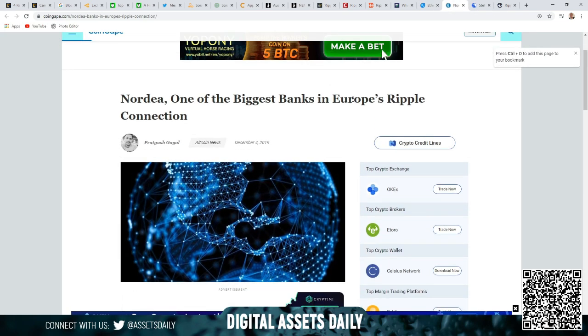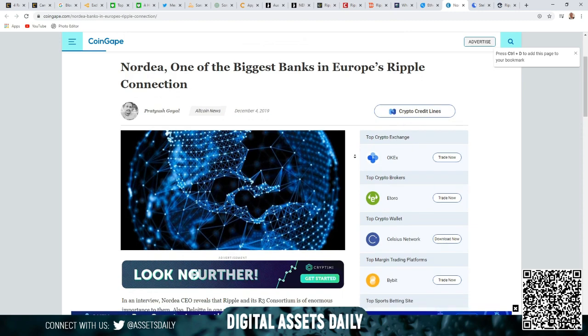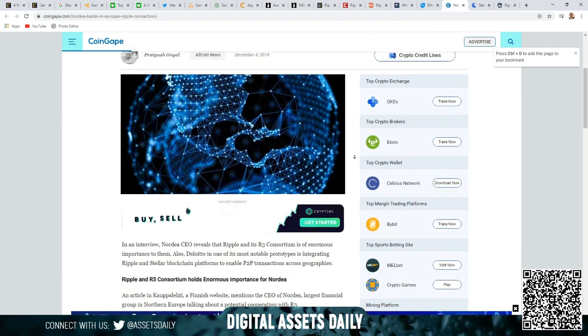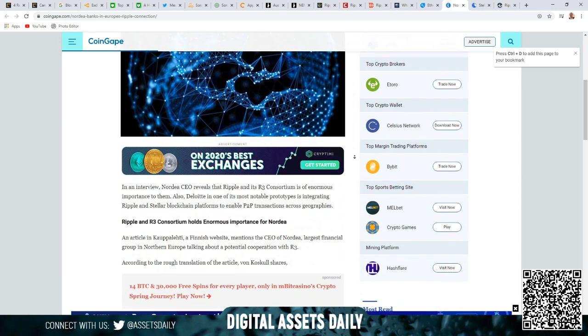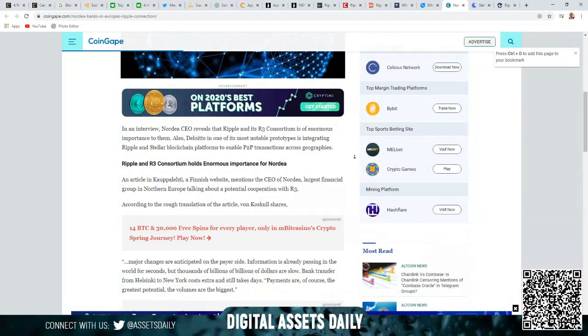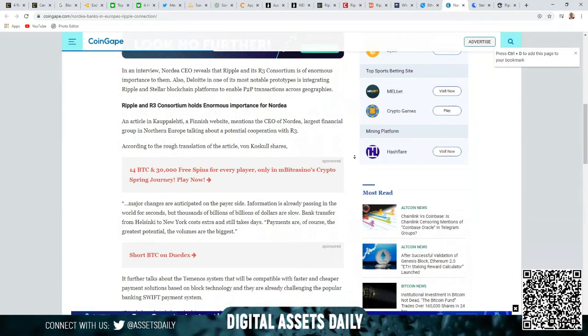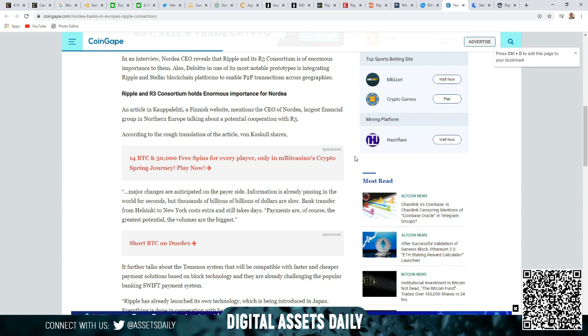Stellar is one of the major projects in the Hyperledger community. Another thing here, we have Nordea, one of the biggest banks in Europe's Ripple connection. So as we scroll down in this article, the Nordea CEO reveals that Ripple and its R3 consortium is of enormous importance to them.